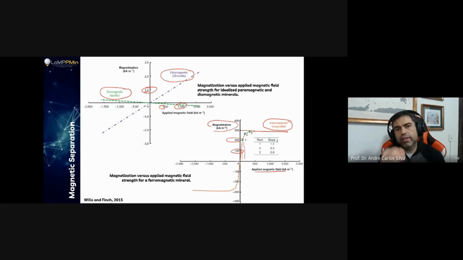So you just say, oh, quartz doesn't have any interaction with a magnetic field, but that's not correct. We could separate our minerals, generally speaking, into these three classes: a high response in the magnetic field, a moderate response, or no response, or for example being repelled by the magnetic field.